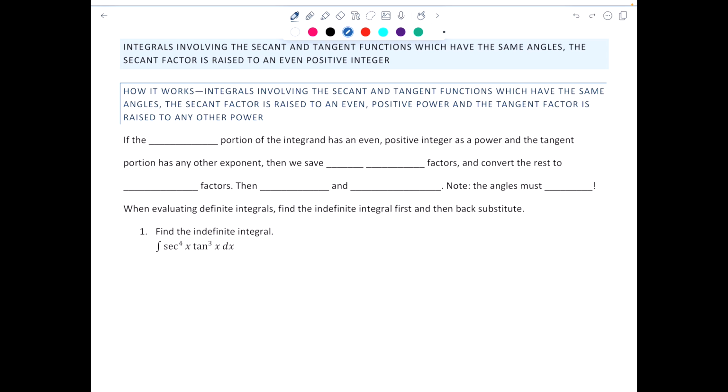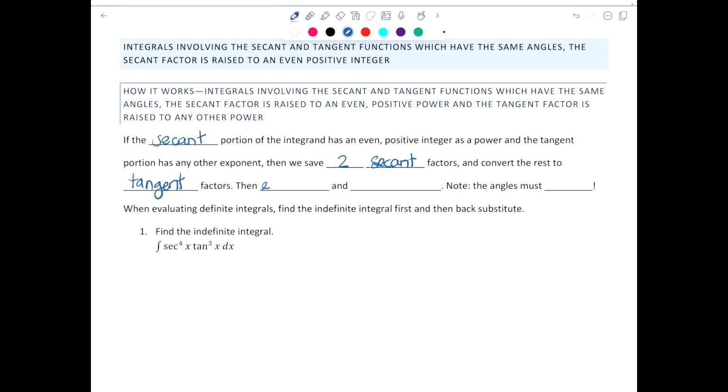Fun times. Ready? If the secant portion of the integrand has an even positive integer as a power, and the tangent portion has any other exponent, then we save two secant factors and convert the rest to tangent factors.